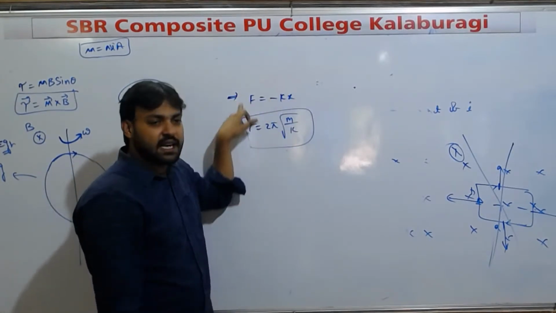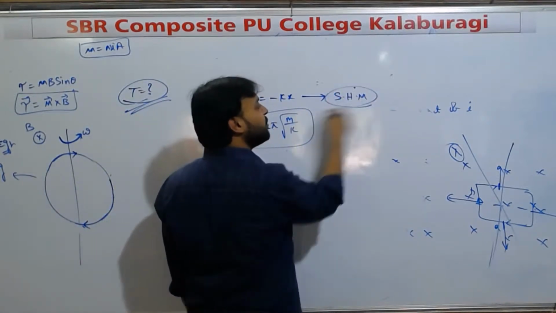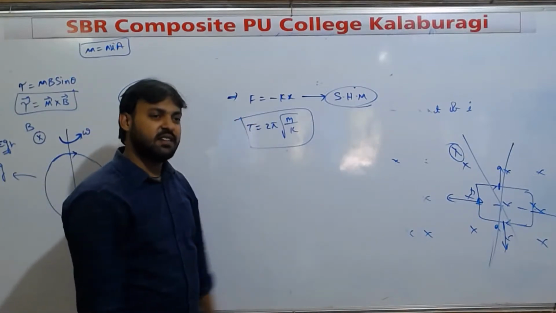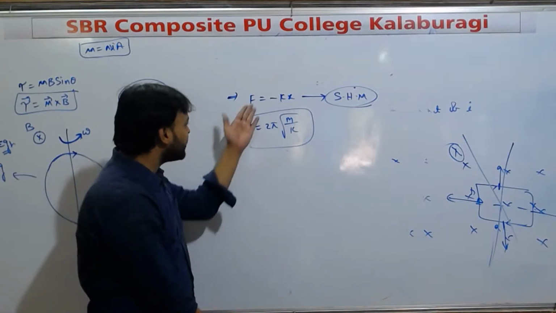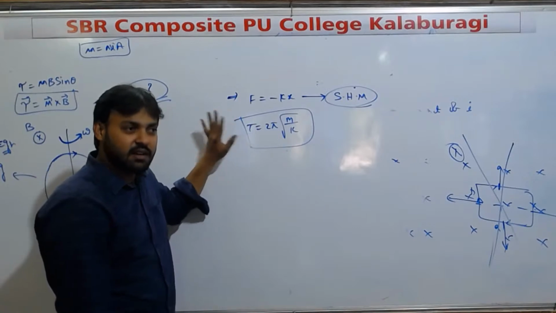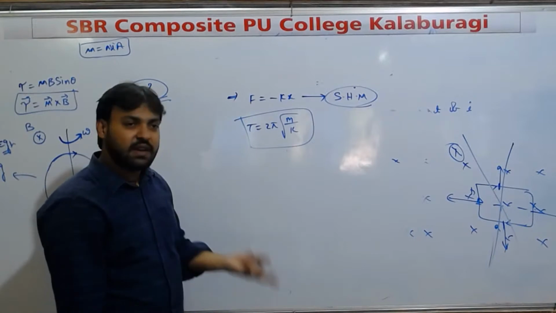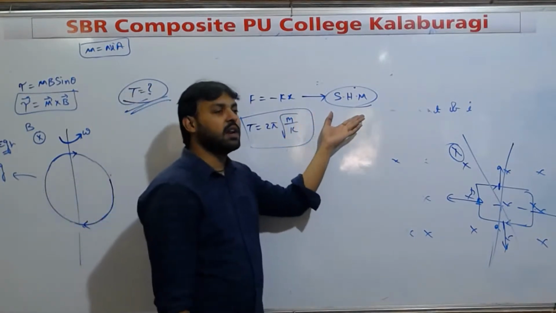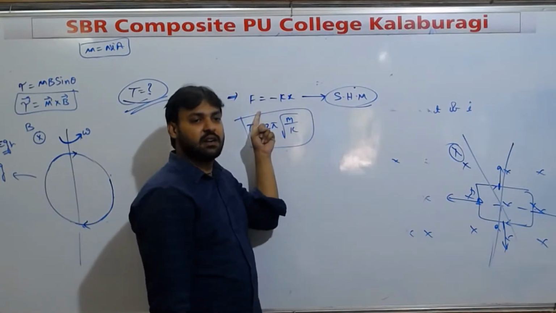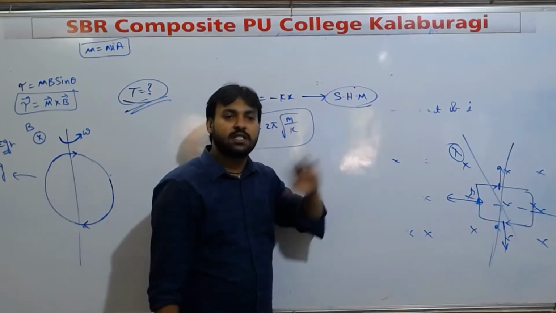If this condition is there, then we can call that oscillation simple harmonic motion, or else no. In electrostatics, if you move a charge and if you leave, what will happen? It will oscillate. Simple harmonic motion or oscillatory motion? It depends on this condition. If this condition is satisfied, then we can call it SHM, or else no.